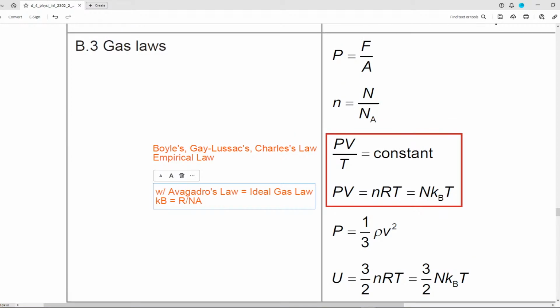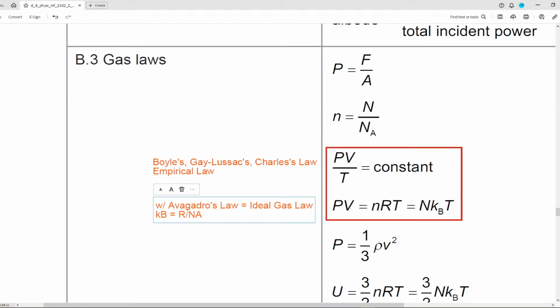All right. Now let's talk about the peripheral things related to it. The first two are basically the fundamentals. First one is talking about pressure.